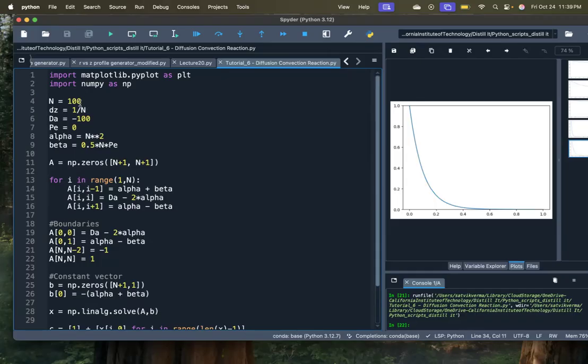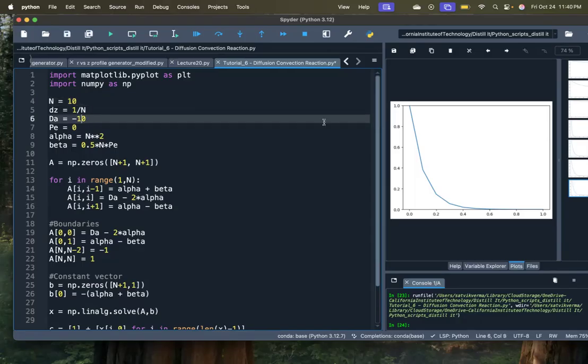You could play around with the number of points over here. So for example, if you go to 1,000 points, this is how the profile looks. So it doesn't really change. If you go to just 10 points, it becomes more sort of weird. And you could just see how this changes with the change in Damköhler number, Péclet number, right?